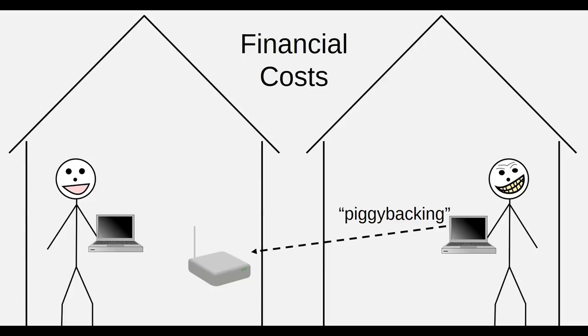If you have a data limit, then you probably don't want to unknowingly share your internet connection with piggybackers, such as neighbors or people parked on the street near your home. There can also be security costs to piggybacking. Unauthorized network users might be able to access your router's settings and change them to make your network less secure. And as per usual, you have to consider the possibility of sniffing attacks from other users connected to the network.